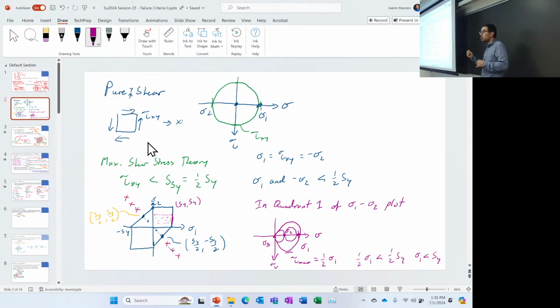If a material like these ductile metals only fails because of maximum shear stress theory, when it's at the bottom of the ocean, what's the shear stress? Or what's the absolute maximum shear stress?